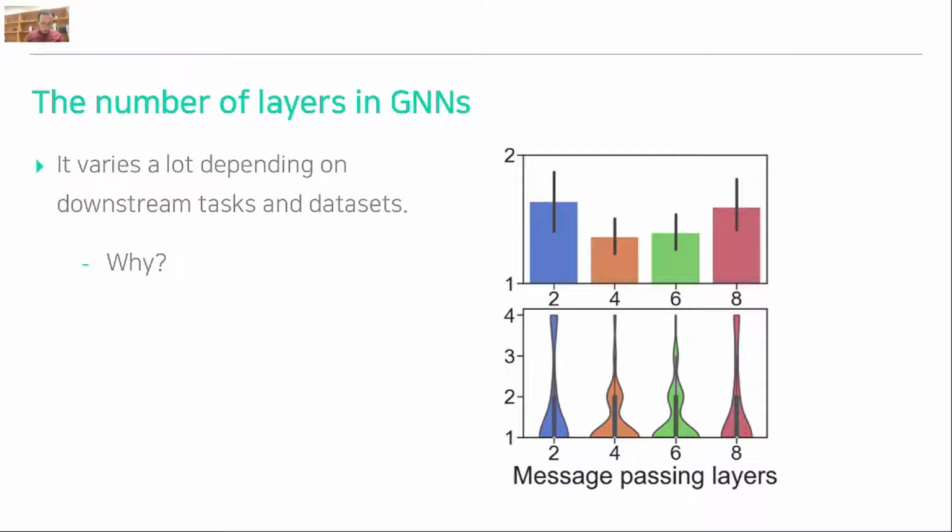As you see in the previous summary, we have mixed opinion in the message passing layers experiment. It varies a lot depending on the downstream tasks and data sets. Why? What is the meaning of the number of layers in GNNs?